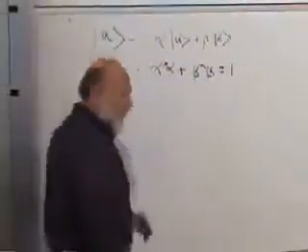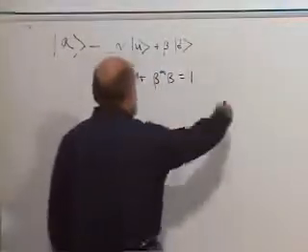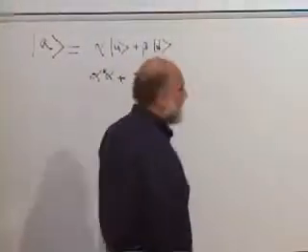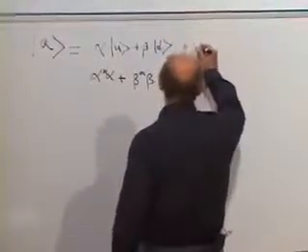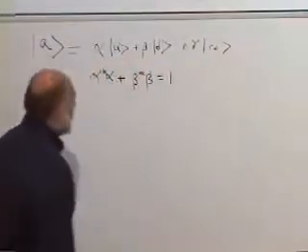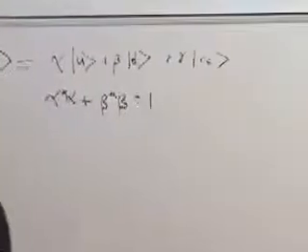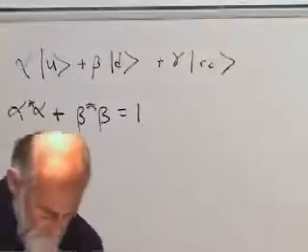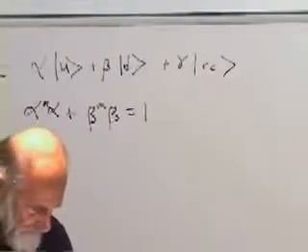And of course, if there's more than two possibilities, up, down, and sideways, or up, down, and chocolate chip, then we add another one, gamma, chocolate chip, and whatever. Those are orthonormal vectors. And we represented them in a particular basis.